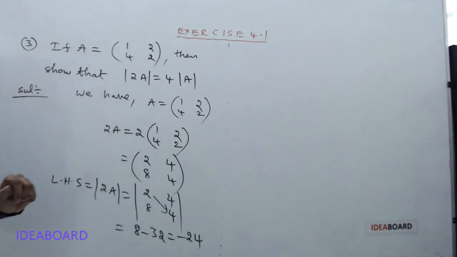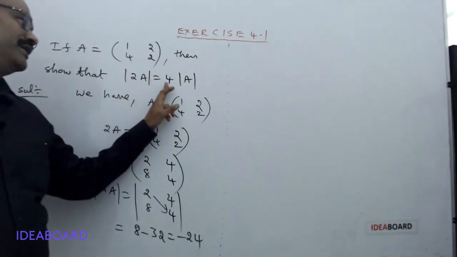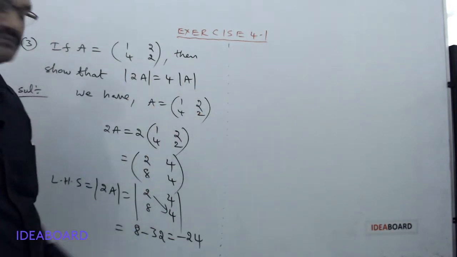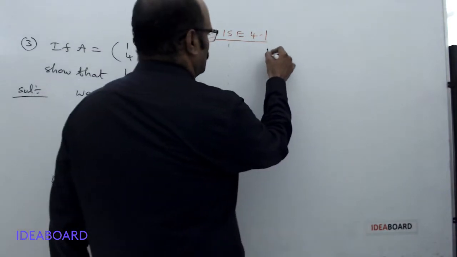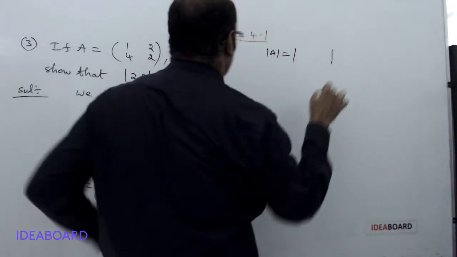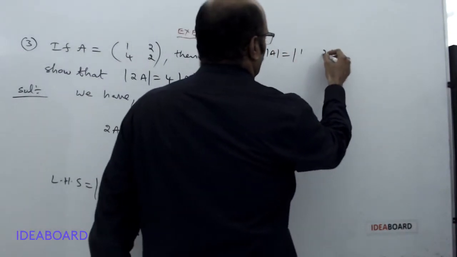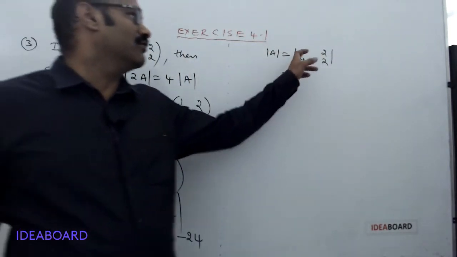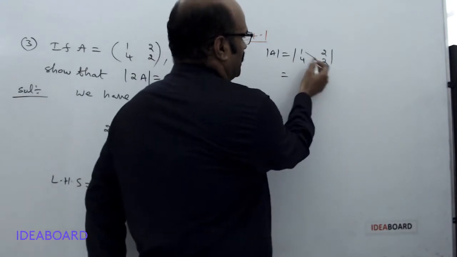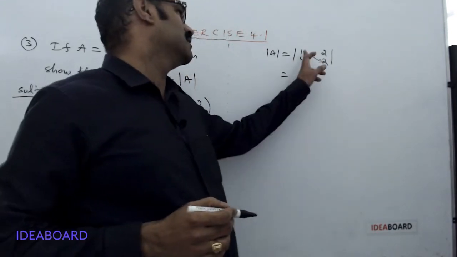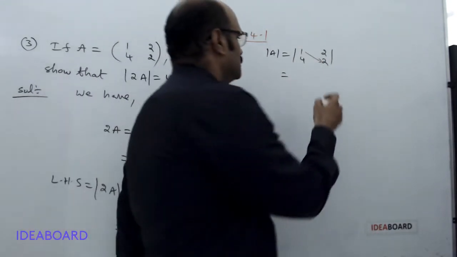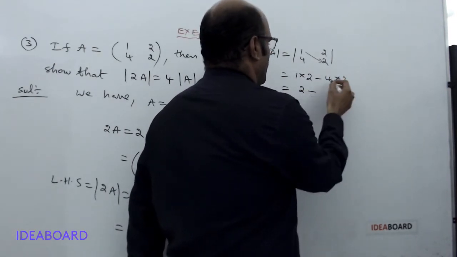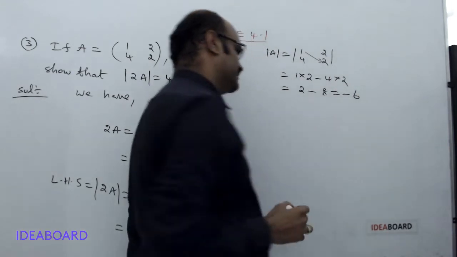Now, RHS we are having 4 into det A. First let us find det A here. Det A equal to determinant of 1, 2, 4, 2, equal to, now we have to multiply the principal diagonal elements, 1 into 2 minus 4 into 2, 2 minus 8 equal to minus 6.